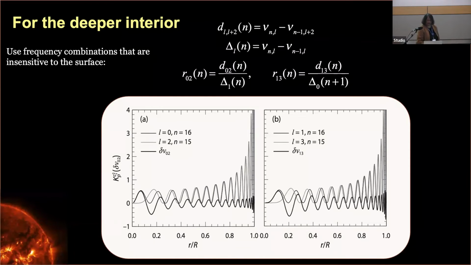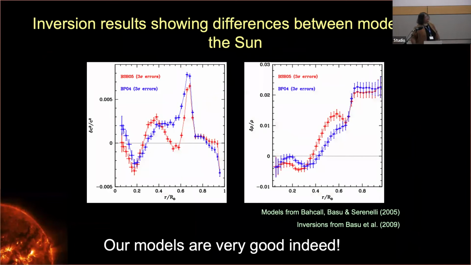Now, the first thing we learned from inversions is that our solar models are very good indeed. What these diagrams show on the left is the relative sound speed difference, actually the square of the sound speed difference, I think, between two models, which I call the red and the blue model, and the sun.